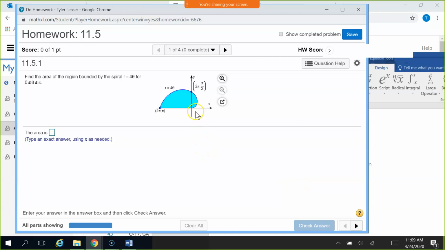Also, we need to worry about the limits of the integral. Think of it like a unit circle. It starts along the positive x-axis, and the angle stretches up through pi over 2 all the way through pi. So the function goes from the angle 0 through the angle pi, and those are the limits.